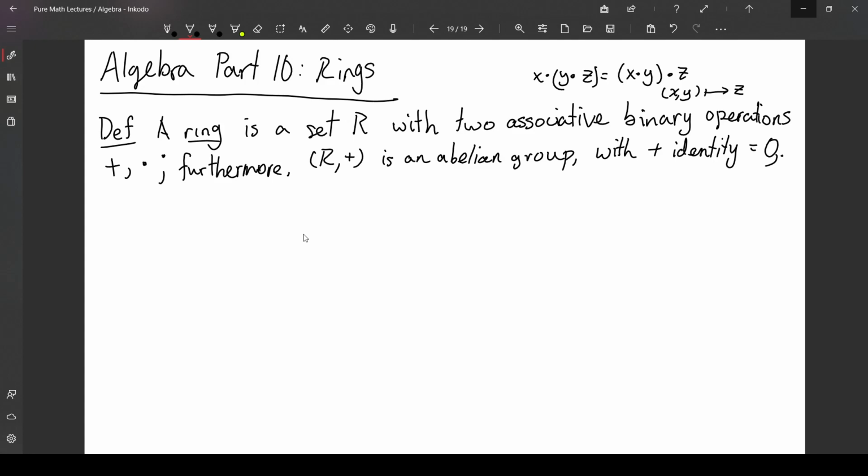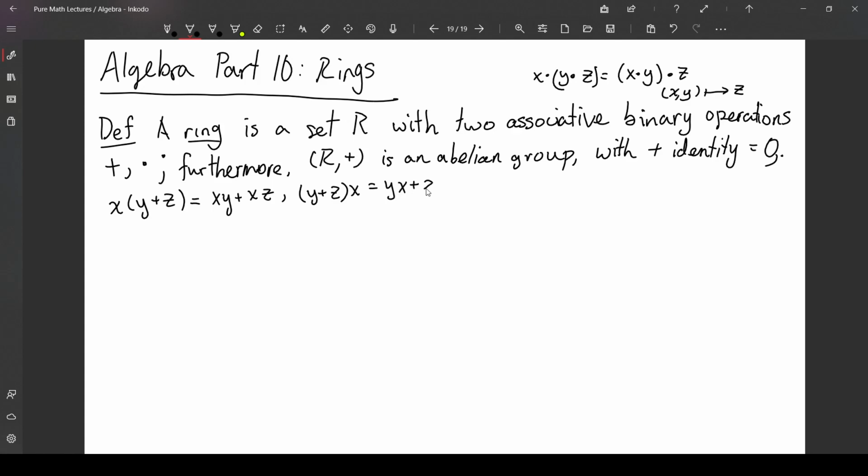We also have distributive laws, which say that if I multiply an element with a sum, then this is a sum of multiplications, right? So this is just the standard distributive law that we're used to. And this is distribution from the left, and then we also have distribution from the right.